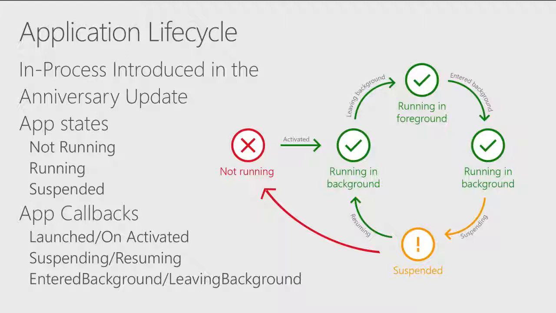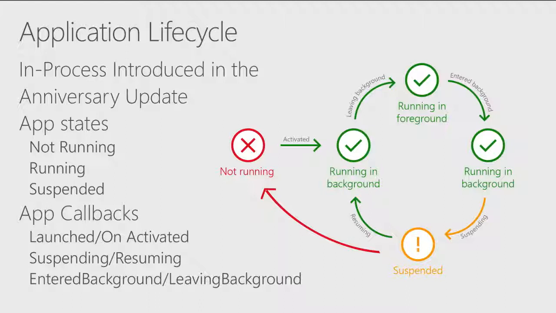So previous to that, you had the same running states of running, suspended, not running, and the callbacks of launched, on activated, suspending, and resuming. But in the Anniversary Update, we've introduced entered background and leaving background.